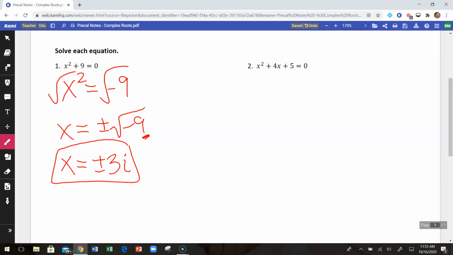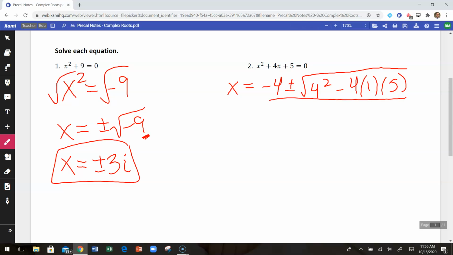The next one looks like something that you could factor and solve here, but unfortunately this does not factor. So I need to go to the quadratic formula, which would say x equals negative b, which would be 4, plus or minus the square root of b squared minus 4 times a times c, all over 2a.